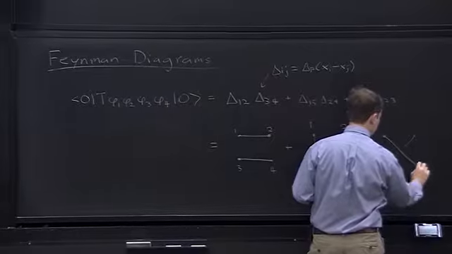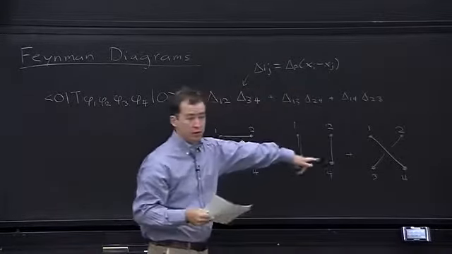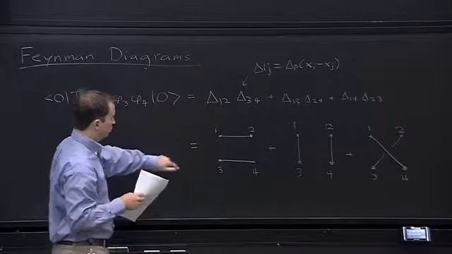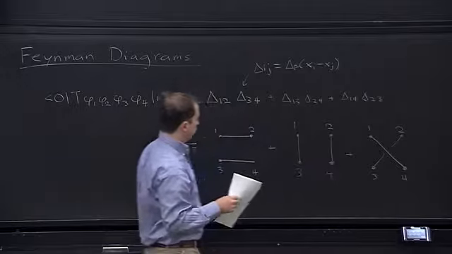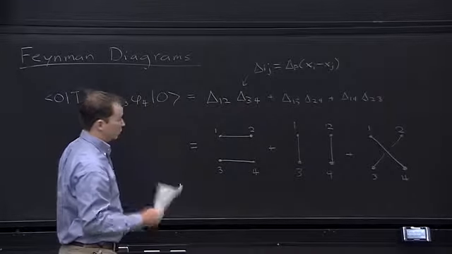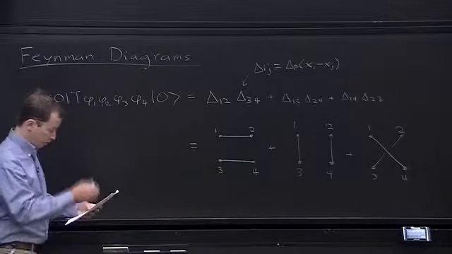And note that I'm leaving the space-time points in the same place in each of the diagrams. That's a convenient way to tell that you've drawn all the diagrams. If you leave the space-time points in the same place, it's usually easier.